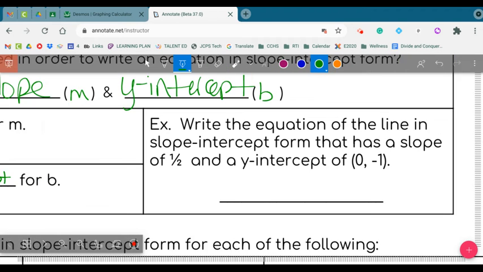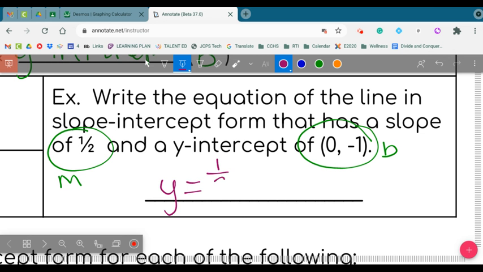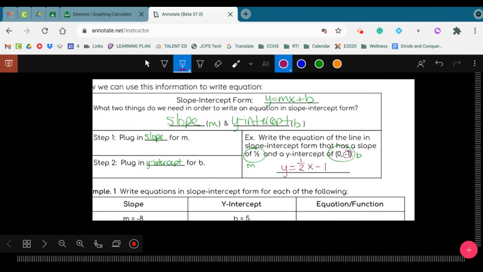On this example, it says write the equation of a line in slope-intercept form that has a slope of 1/2, so this is our m value, and a y-intercept of -1, so this is our b value. So you're going to have y equals, we're replacing the m with 1/2, keep your x, and then plus your b value. Well, this is a -1, so we're going to do -1. That's how you would write that.